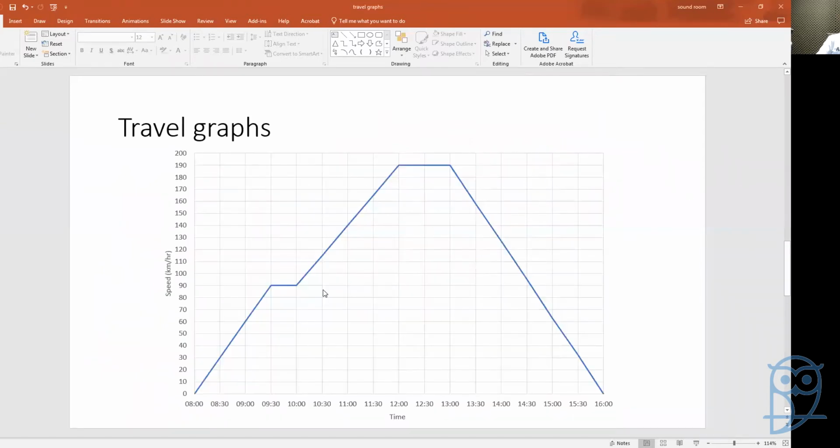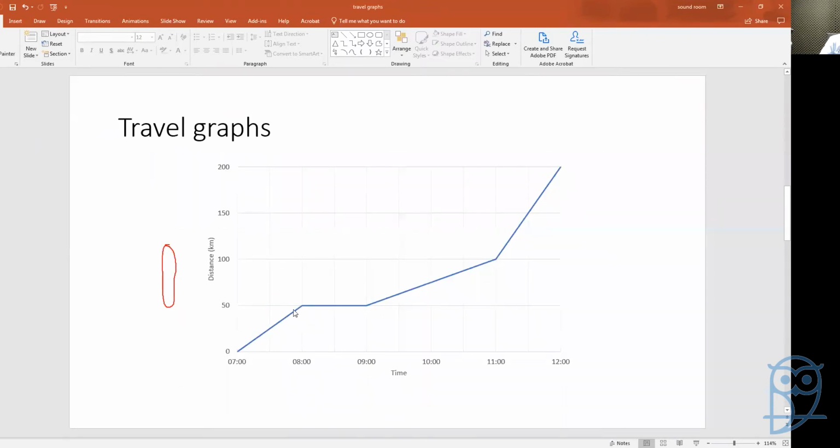Then we have a speed versus time graph. Again, how do I know it's a speed versus time graph? Because they told me. So speed versus time, we now have an increasing speed. We need to have a look at the previous graph just so that we can see that the speed here was consistent.